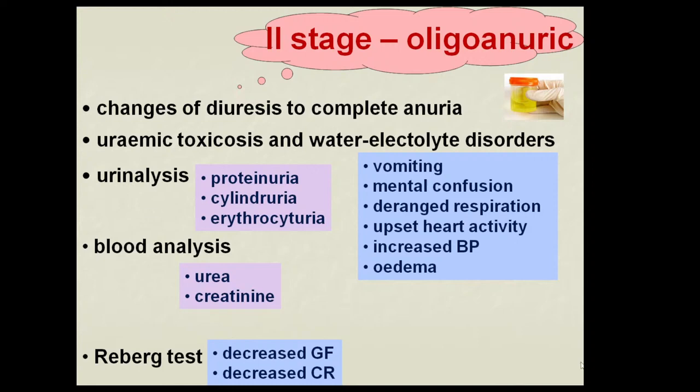We can calculate it with a special formula using only blood creatinine, or, if urination is present, we can use the Reberg test and determine the glomerular filtration rate and coefficient of reabsorption from blood and urine creatinine.